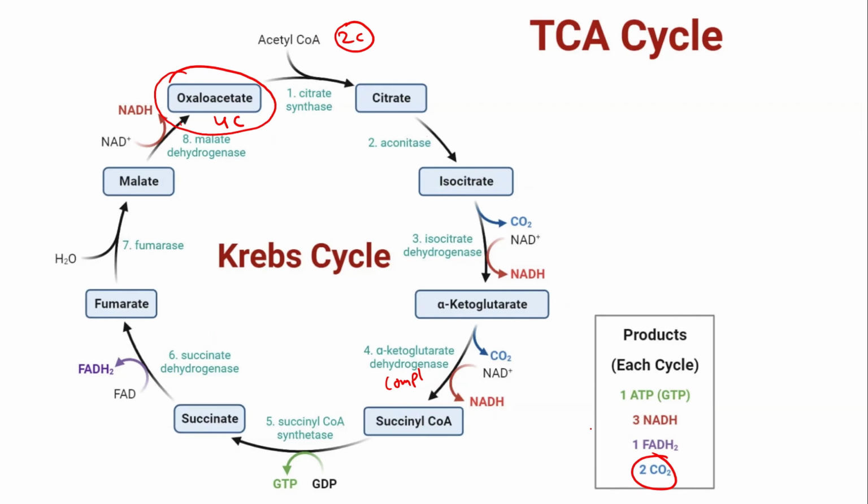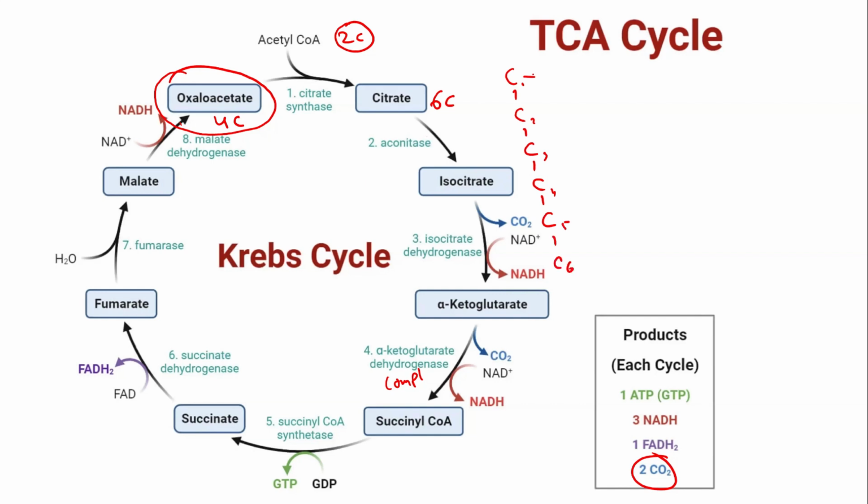That means this citrate is a 6-carbon molecule, 2 carbons plus 4. Just to write, you don't write down whatever I'm writing here; I just want to explain something. So 1, 2, 3, 4, 5, and 6 carbons.